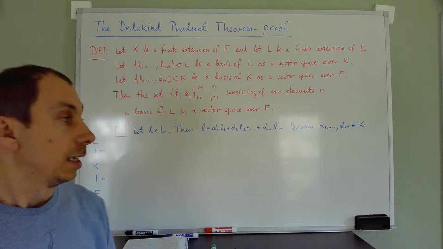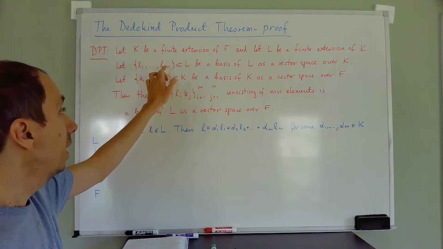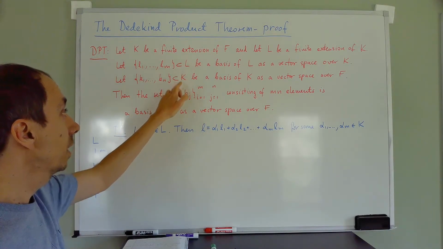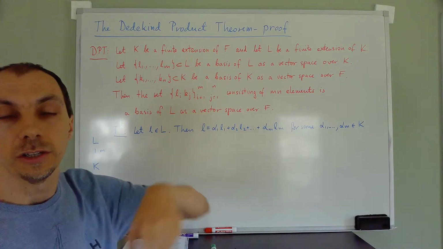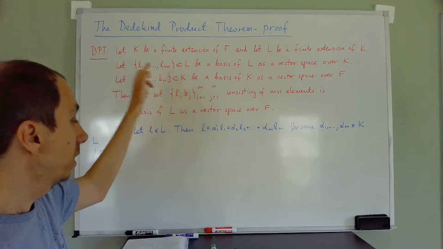I know that these are a basis of L as a vector space over K, so I can write every element of L as a K-linear combination of these elements here.